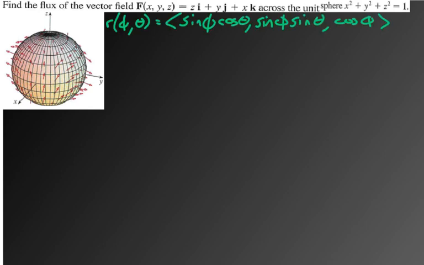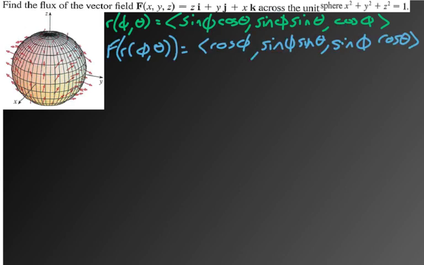So if we were checking the connection between this vector field and the unit sphere again, the parameterization we should use is the same one we used in the previous problem a few problems ago, just spherical coordinates with rho equal to 1.